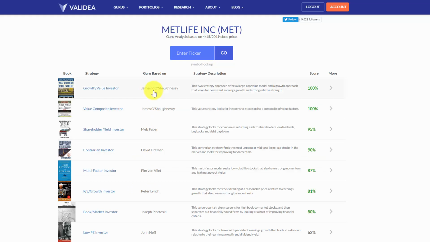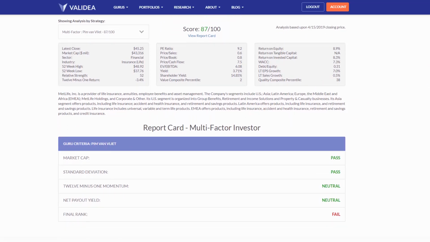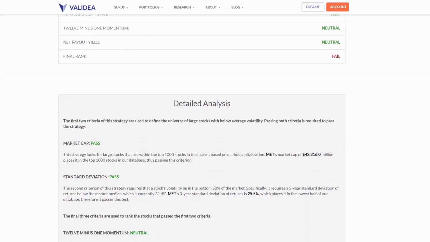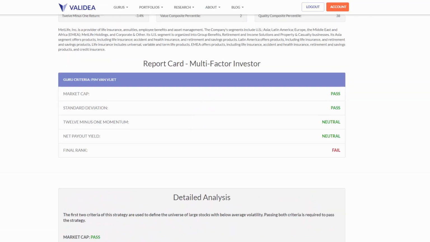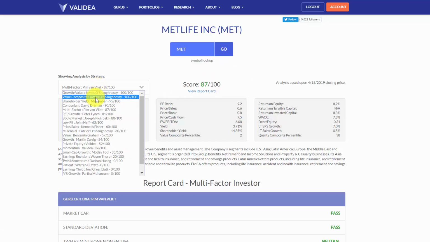So on the Validea website, you can go into each of these models to see how any stock scores. So here we are looking at the financial company MetLife, ticker symbol MET. This is not an endorsement or recommendation for MetLife, but instead an example of how each of these stocks rates on a particular model. If we jump between models, we can see that shareholder yield is used differently by each. The multi-factor model uses part of shareholder yield, net payout yield, which looks at dividend yield and buyback yield.